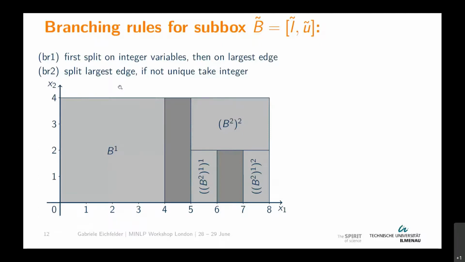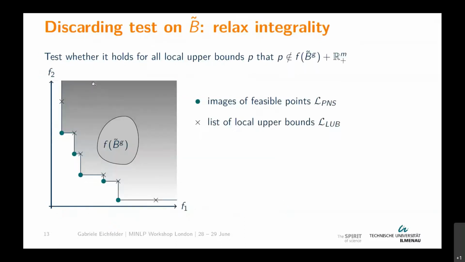And for this reason, it might happen that for some problems, it might be better to split with respect to the largest edge. And only in case this is not unique, we are taking the integer variable for splitting. So we will study in our numerical examinations both branching rules, and it will turn out that it depends on the problem considered which of both is better. Obviously, it depends on whether a lot of integer assignments contribute to the overall non-dominated set or not.